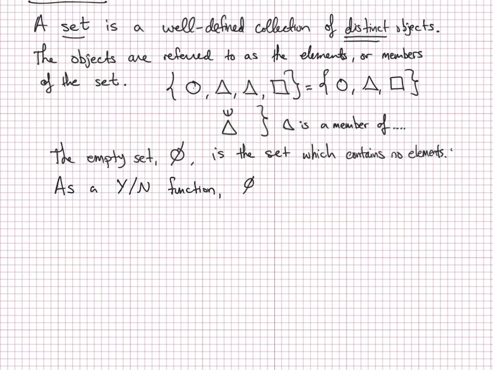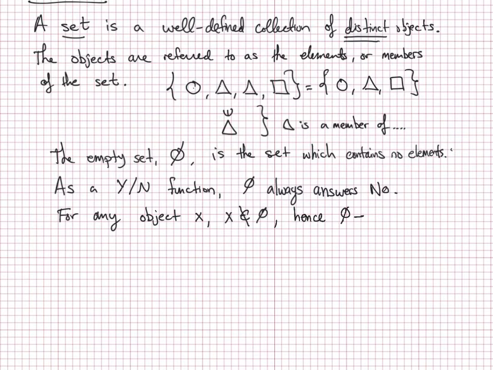Well, the empty set always answers no. Just another way to write this, for any object x, and this will be my notation, x is not in the empty set, for any possible object that you have. And just more notation, we can write the empty set is the set with no elements in it.